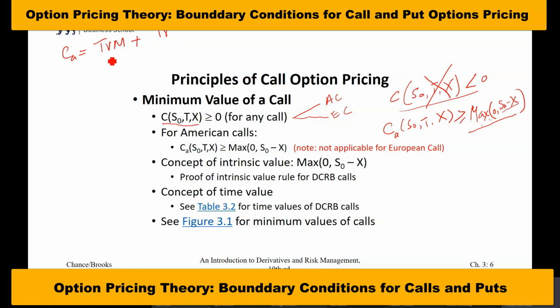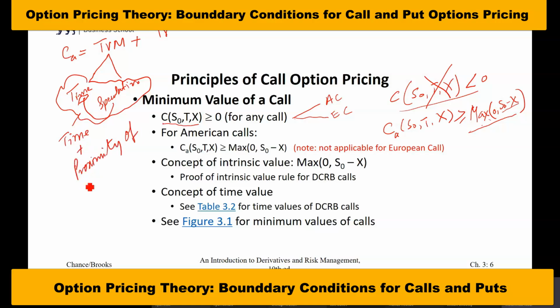And the time value of money in itself is composed of two things. One is the value because of time, and the other is what we call speculative value, which depends on the proximity of the stock price and exercise price.